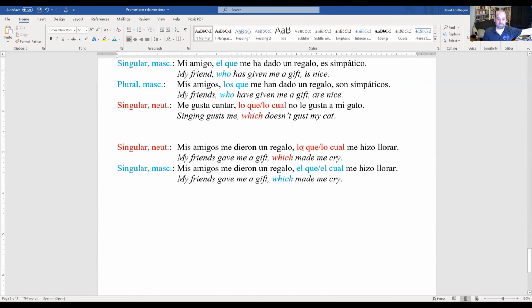And the difference is in the first case, the thing that made me cry is the fact that my friends gave me a gift. That made me cry, the fact that they gave me a gift. In the second case, the gift made me cry. This gift made me cry, not the fact that they gave it to me.